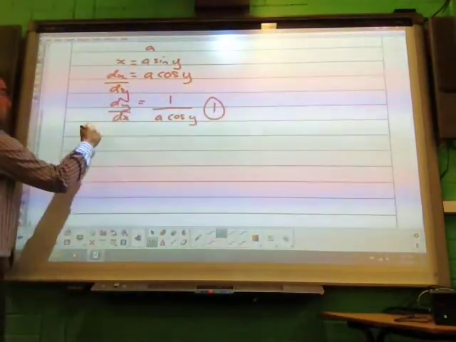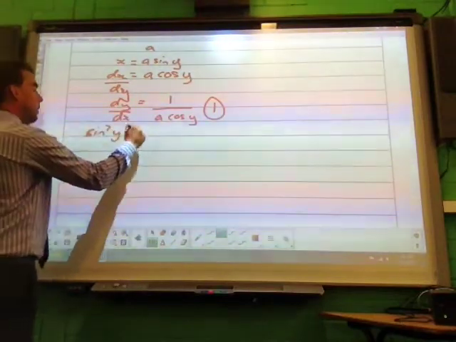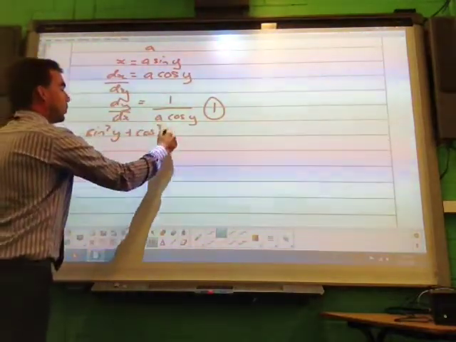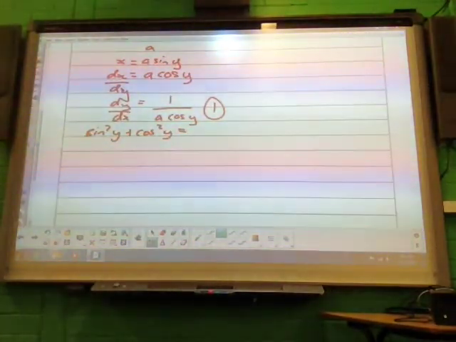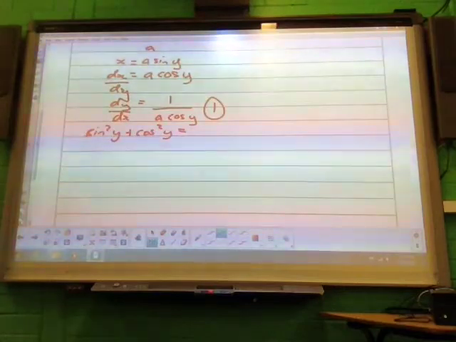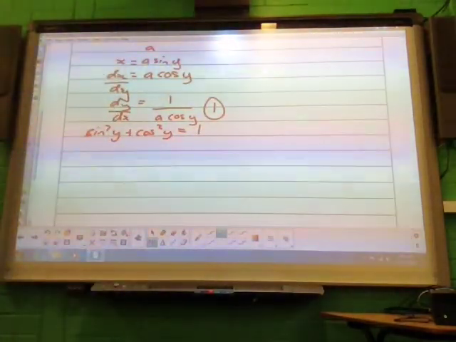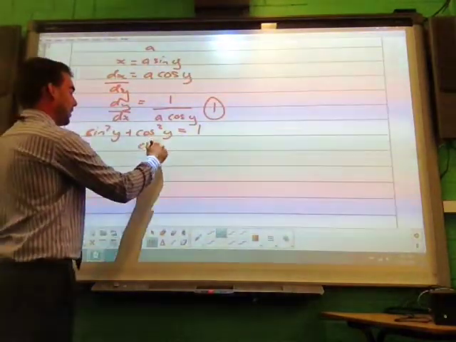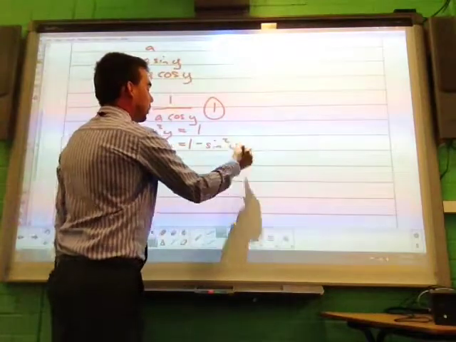Okay, so sine squared of y plus cos squared of y is what? Yep, remember this is 1. You're not going to forget this ever again, are you? So cos squared of y is going to be 1 take away sine squared of y.